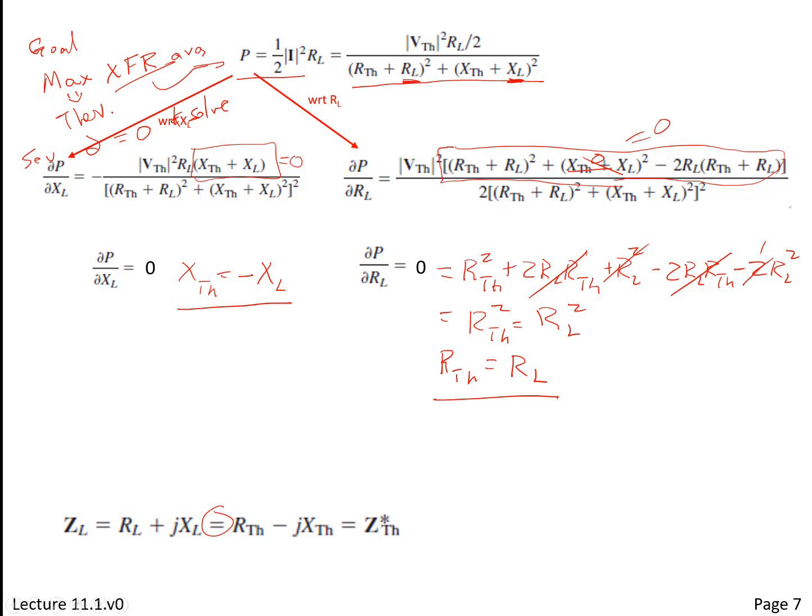Okay, and when that happens, the maximum average power that's delivered is the magnitude of the Thevenin voltage squared, divided by 8 times the Thevenin resistance. And you can crank out all the math for that if you really want to, but it's similar to what we've done before in the past.